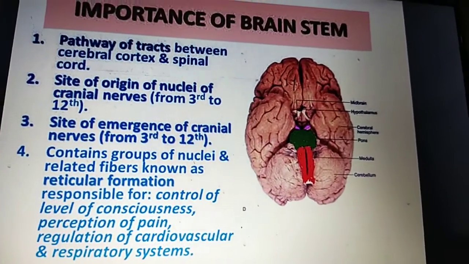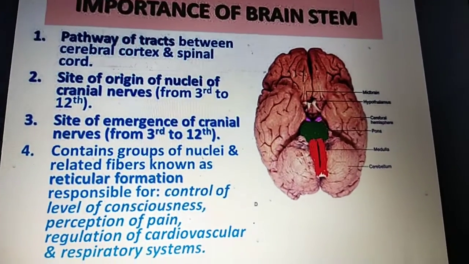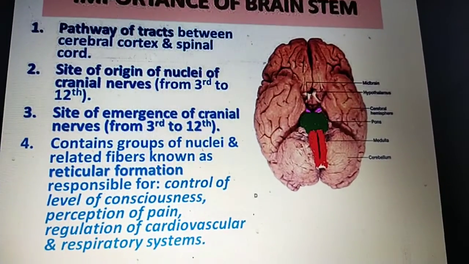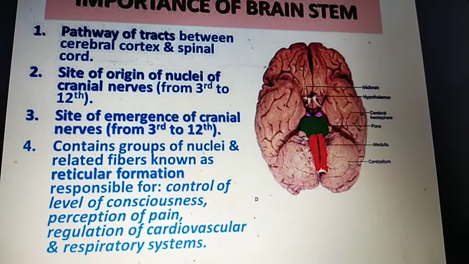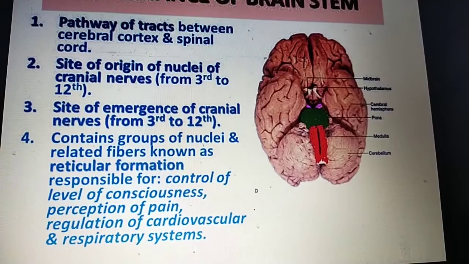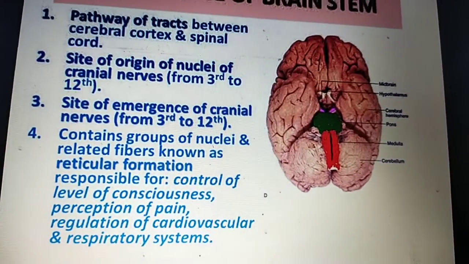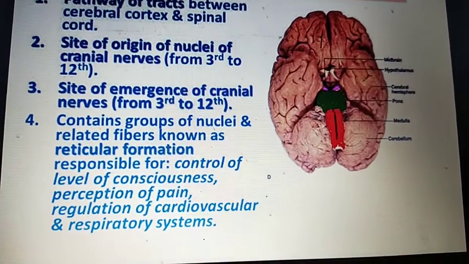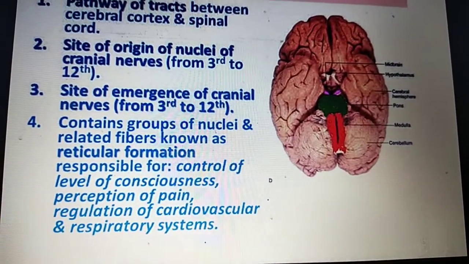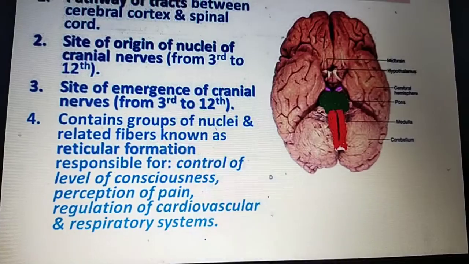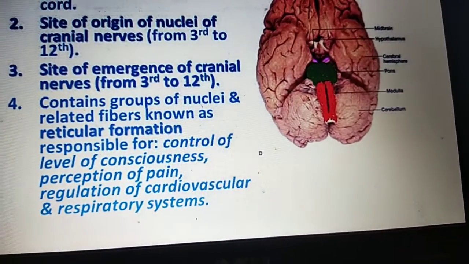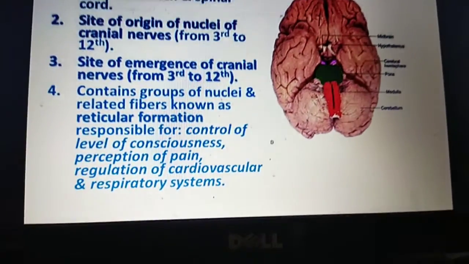Importance of the brainstem. First, it is a pathway for tracts between the cerebral cortex and spinal cord. It is the site of origin of the nuclei of the cranial nerves, the site of emergence of cranial nerves 3 to 12.